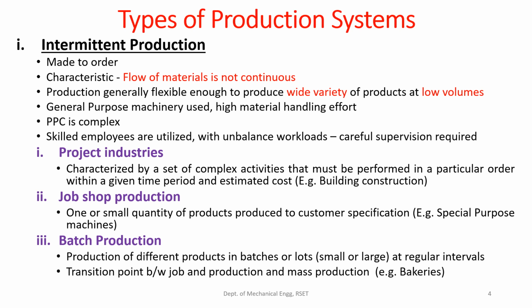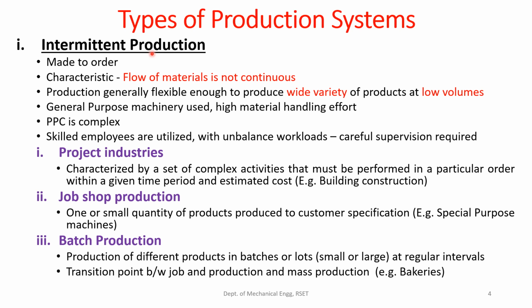The second important characteristic is that the flow of materials in intermittent production systems is not continuous. It is broken or irregular in nature, and production only takes place once an order is placed. Generally, this kind of production system is very flexible and is capable of producing a wide variety of products, but at low volumes.